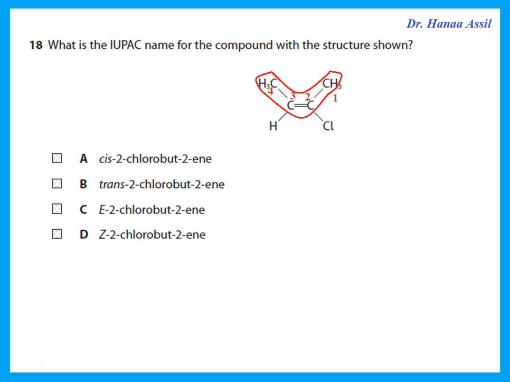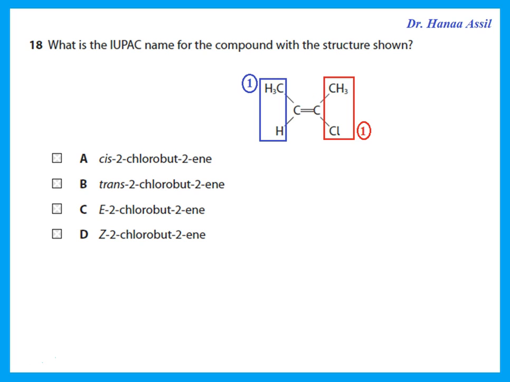But then, is it cis or trans or E or Z? Well, let's look at it. If you look at each of the carbons and you decide which of the substituents has higher molecular mass or atomic mass. For example, on the right, chlorine has higher mass number than carbon. On the left, the carbon has higher mass number than hydrogen.